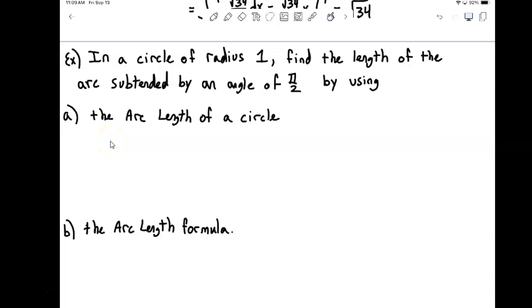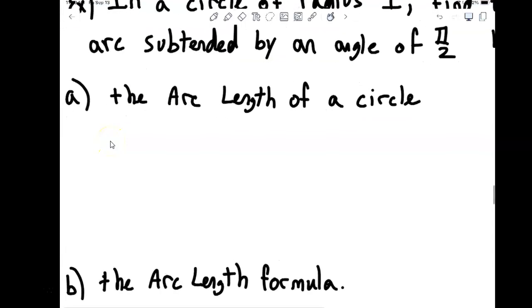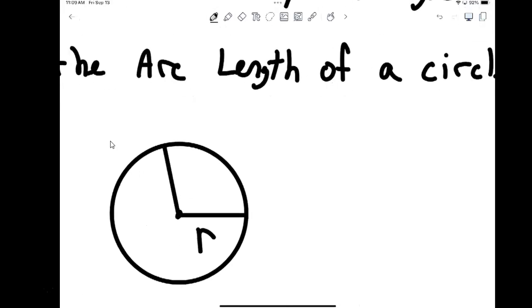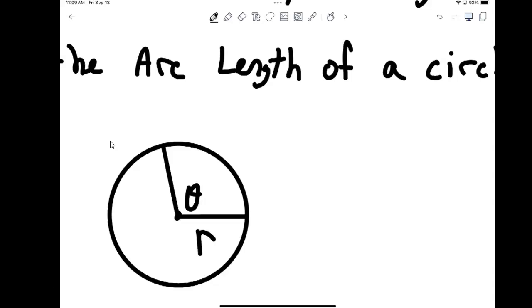So from trigonometry, you might recall, or maybe you don't recall, but I'm going to help you recall it, that if we have a circle, and our circle happens to have a radius of r, and we have a central angle of theta, then the arc length of that angle, we say that angle subtends the arc.